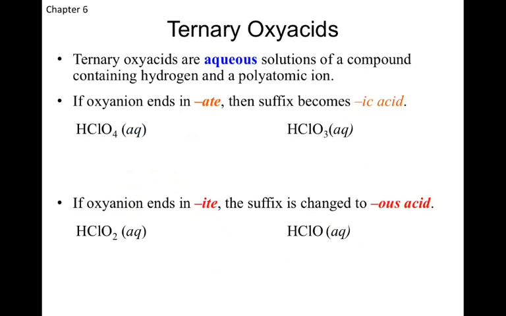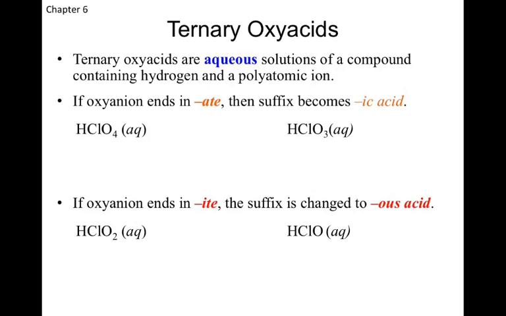Your ternary oxyacids are now, again, aqueous solutions, starting again with our hydrogen, followed by a polyatomic ion. Okay, and this is where we get all these extra rules. If your polyatomic ion ends in ate, then we change the ending to ic acid. Okay, and we don't include the hydro.